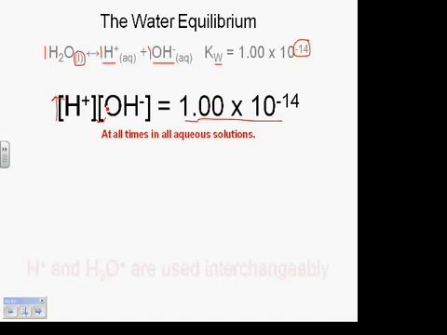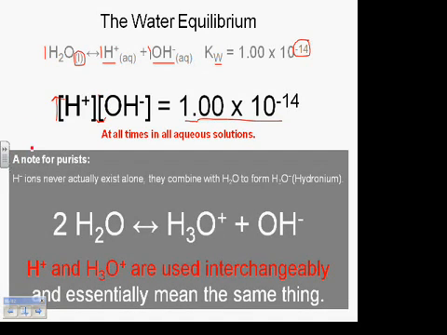Now, for purists out there who are going to look at this video and say, well, actually, hydrogen ions don't exist by themselves. A hydrogen ion by itself, an H plus ion, is really a proton. There's no electron. It's the simplest atom, so it's just a proton. That never actually exists in the solution. What actually happens is that the water breaks up, and the hydrogen comes off and joins onto another water.